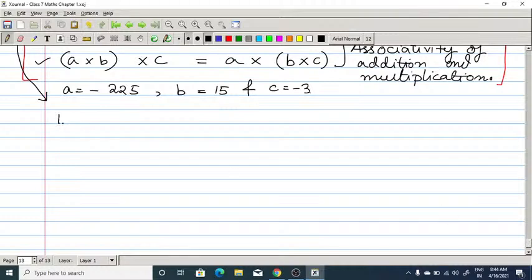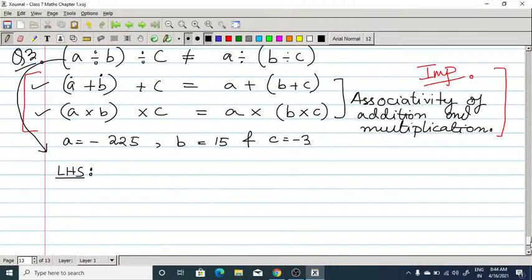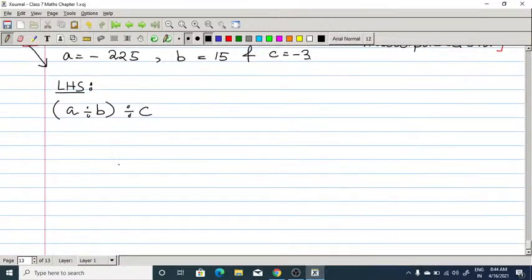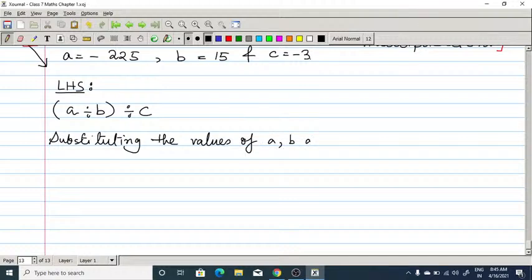So what is our LHS? Let us substitute the values of A, B, and C.